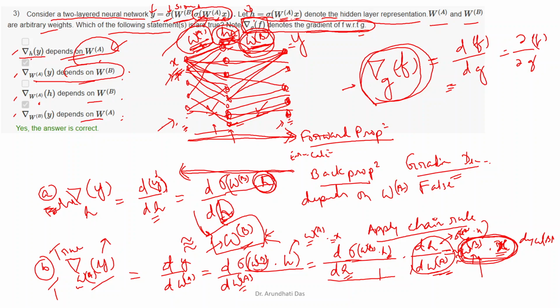Now we go forward to calculate the third option. The third option is WAH. So for option C, we are taking the gradient of H with respect to WA.